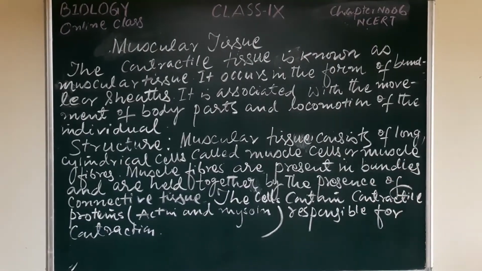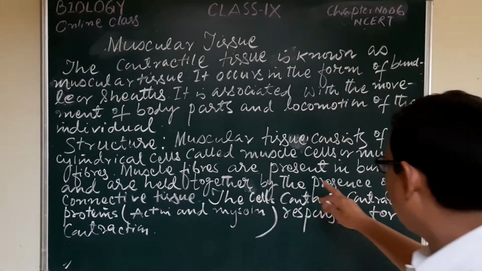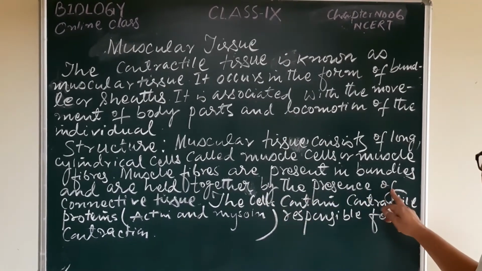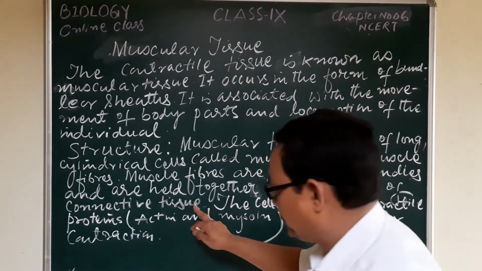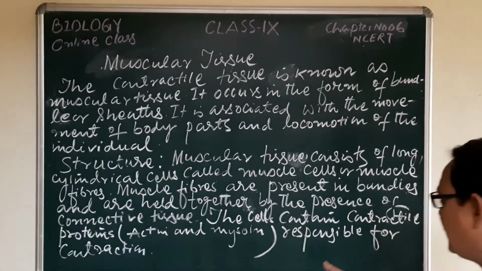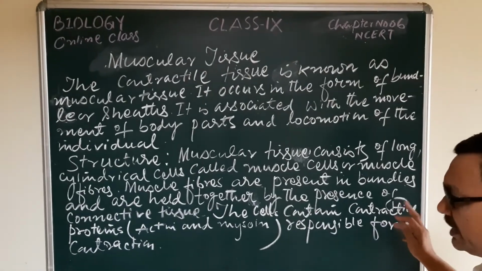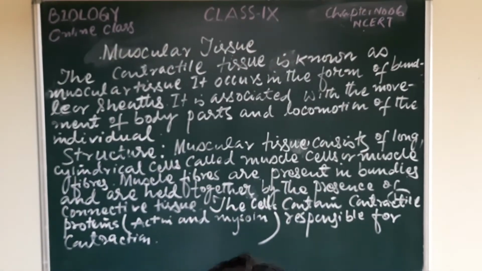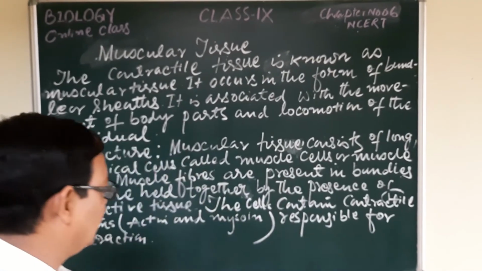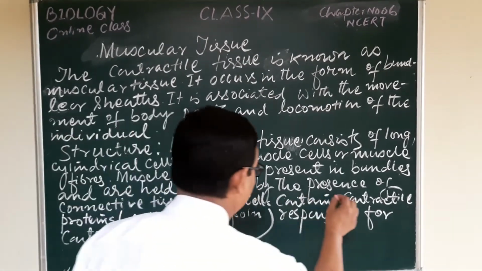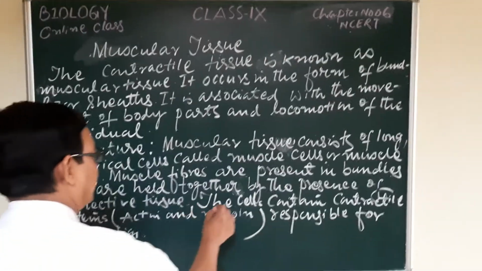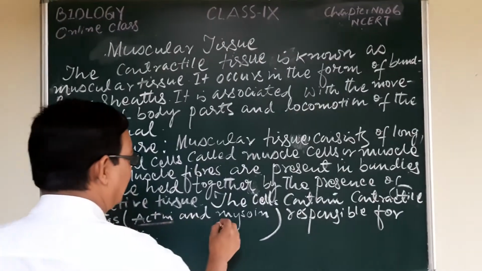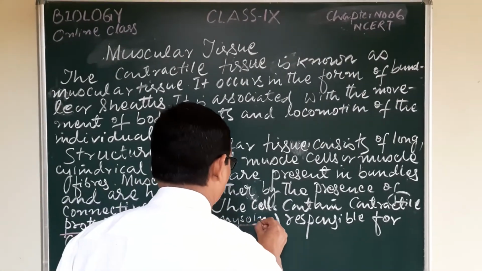The second important point: muscle fibers are present in bundles and are held together by connective tissue. The third, the cells contain contractile proteins. This is the important part in this tissue, the presence of contractile proteins like actin and myosin.